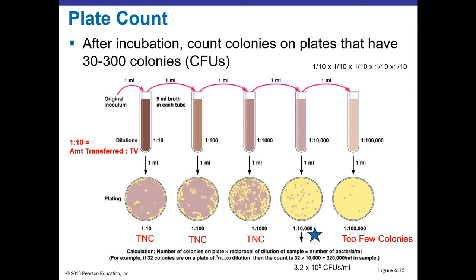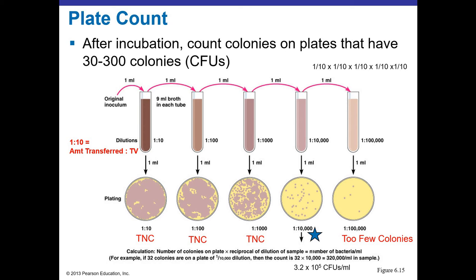So a 1 to 10 dilution, the 1 is the amount transferred. In this case, you can see from the pink arrows that we're transferring 1 ml over the total volume. We have a test tube that has 9 ml of broth in it, but once we've transferred in the 1 ml, we now have a total volume of 10 ml in that tube, and so that's going to give us our 1 to 10 dilution.